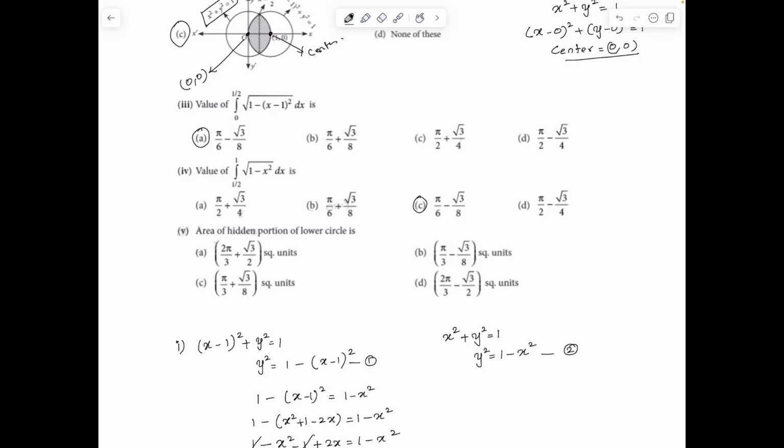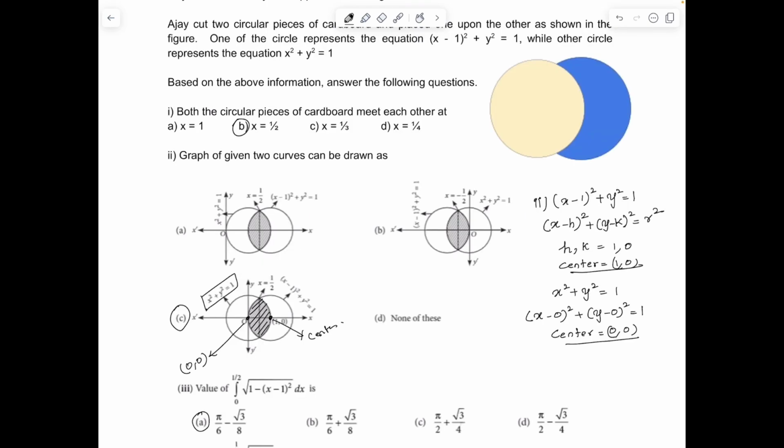Subdivision 5. Area of hidden portion of lower circle. If we observe this portion very carefully, this area is formed because of the overlap of two equations. One is x minus 1 the whole square plus y square is equal to 1. From 0 to half comma 0, this part is formed because of this equation.